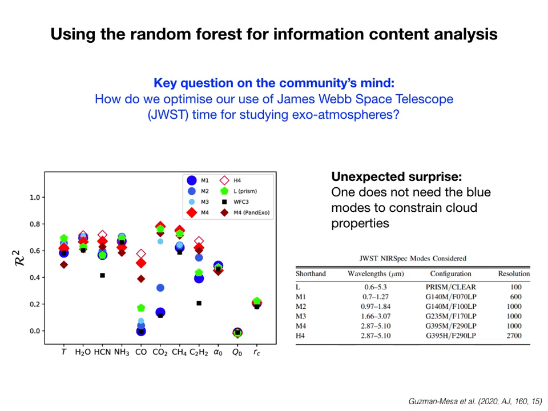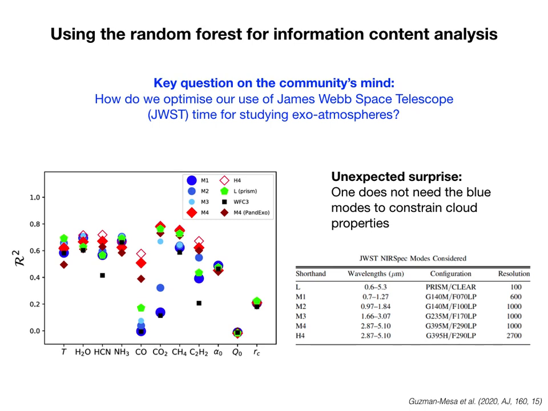And you can see that, for example, the blue modes do quite well in general, except for detecting carbon dioxide and carbon monoxide. And the red modes do much better at CO and CO2.